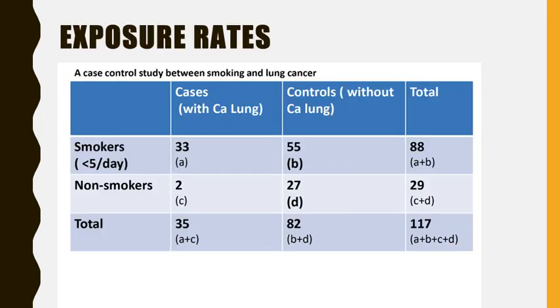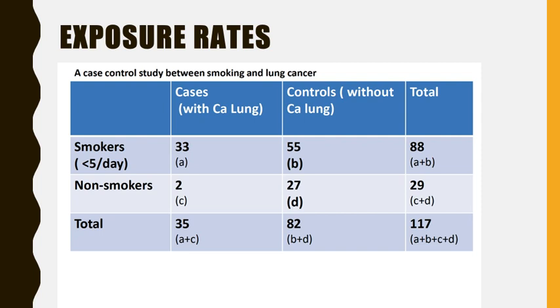So let's say that we're looking at smoking and lung cancer. In column A, we have the cases, and in column B, we have the controls. So let's look at this. In row 1, we have people who smoked 5 cigarettes a day, and there were 33 people who developed lung cancer and 55 who did not, for a total of 88 smokers.